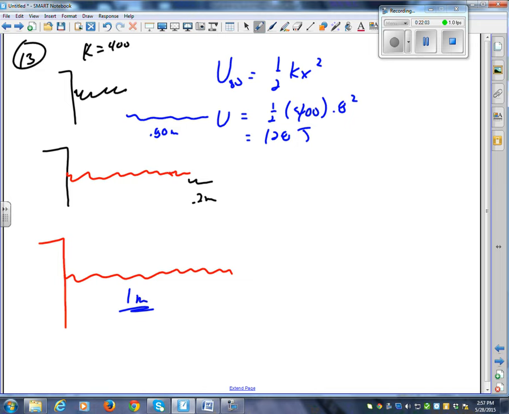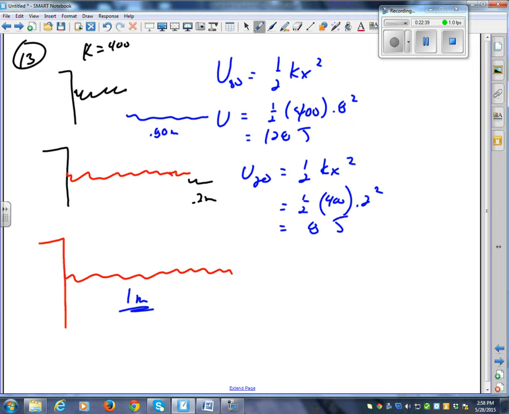Then I let it go. And the thing goes flying away, and at some point in that brief instant, the spring, as it expands, is at 0.2. So how much potential energy is left in the spring? 1/2 kx squared, which is 200 times 0.2 squared, 8.